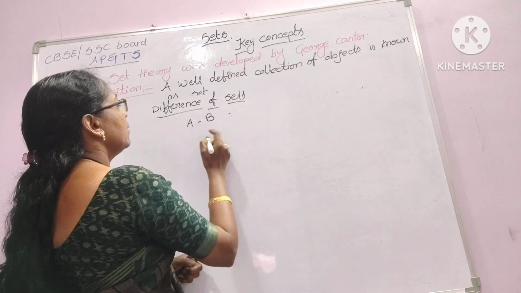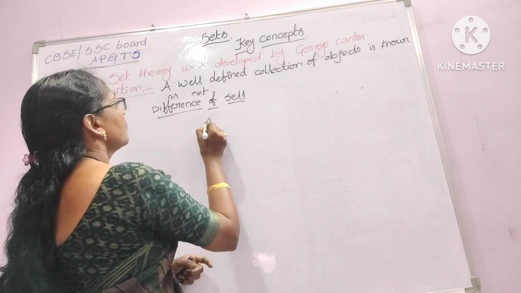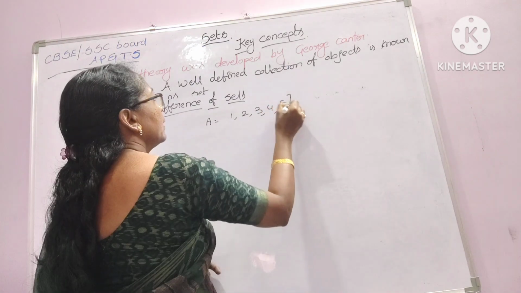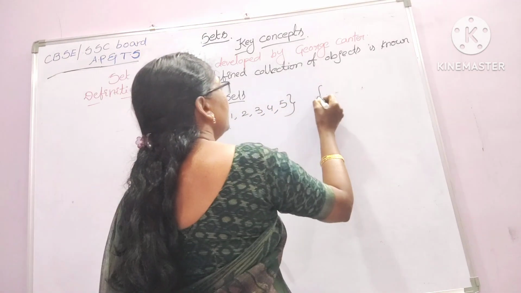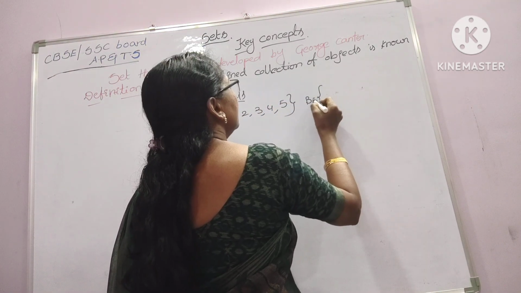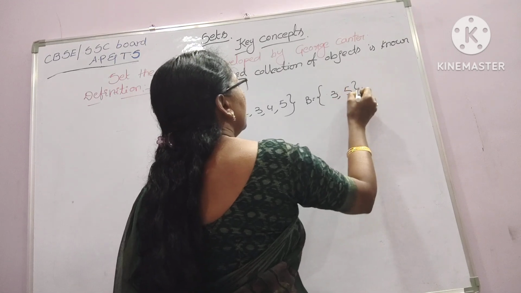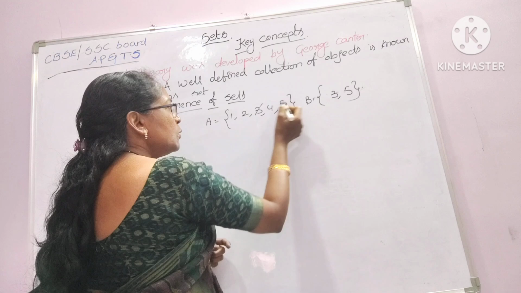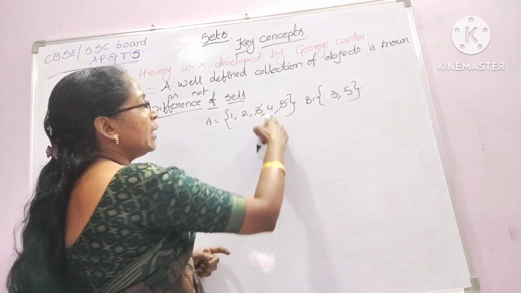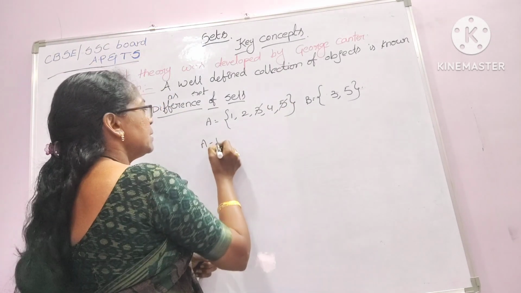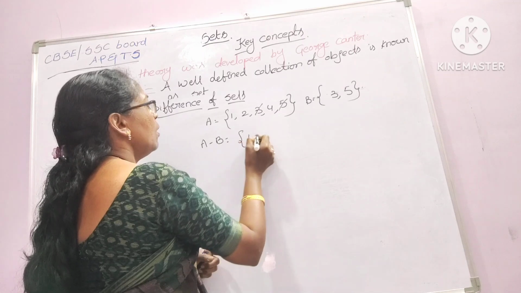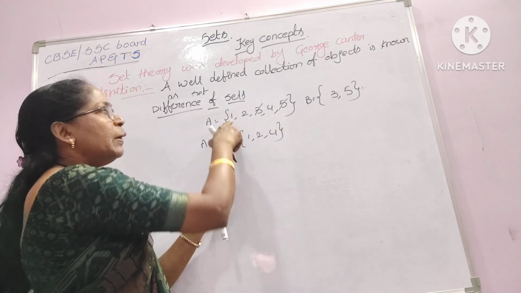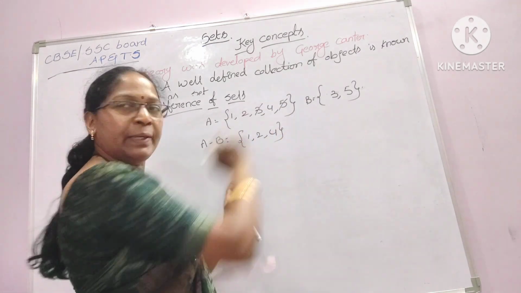For example, set A equal to 1, 2, 3, 4, 5 and B equal to 3, 5. Now A minus B: 3 and 5 are in the B set, so you cut those. Remaining elements you represent, where A minus B equal to 1, 2 and 4. That means the elements belong to A only, not to B.